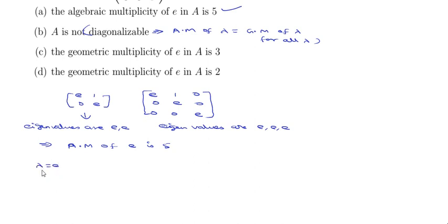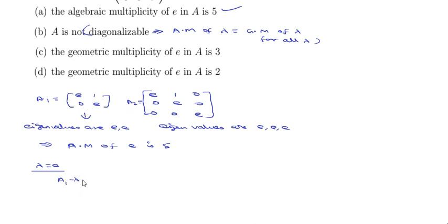Here lambda is equal to E. Let us take the block [E 1; 0 E] as A1 and the other as A2.